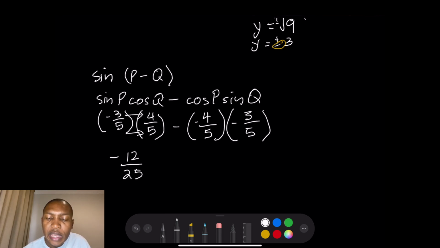And in this case, we've got minus. Of course, a negative times a negative there inside the brackets would be positive. So that's negative again, 4 times 3, that's 12 over 25 as well.